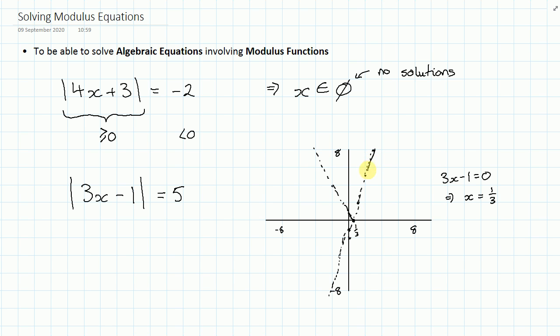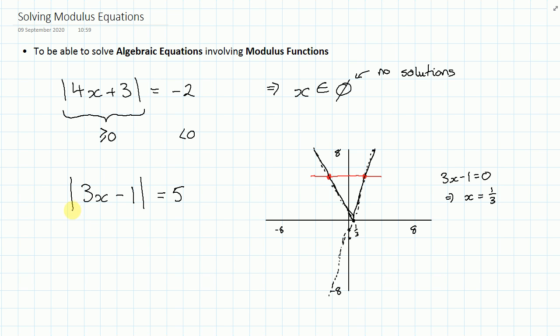So we've got a graph coming down like that, and it bounces up like so. And 5 would be a horizontal line. And remember, all equations are basically saying what's the intercept between 2 points. Okay. So you might be able to find them graphically if you do a really accurate drawing. How can we find it algebraically?